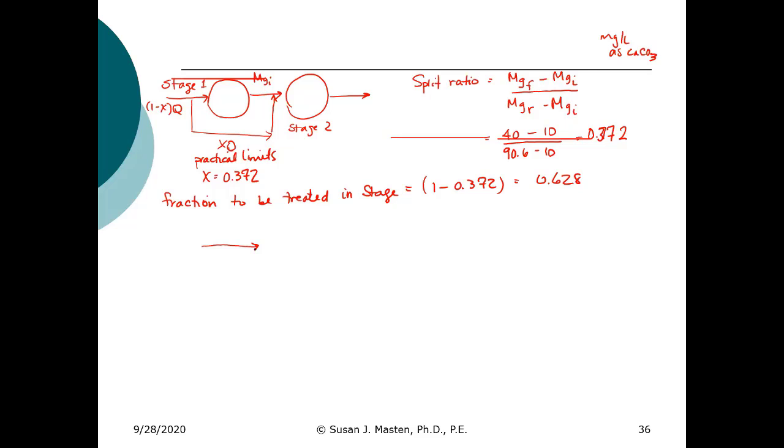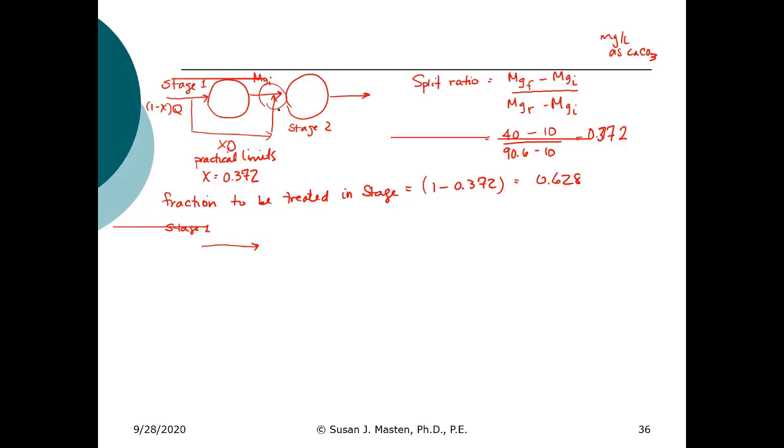So if we look at the hardness coming from stage 1, if we treat to practical limits, the hardness from stage 1 into stage 2, so we're looking at this point right here.